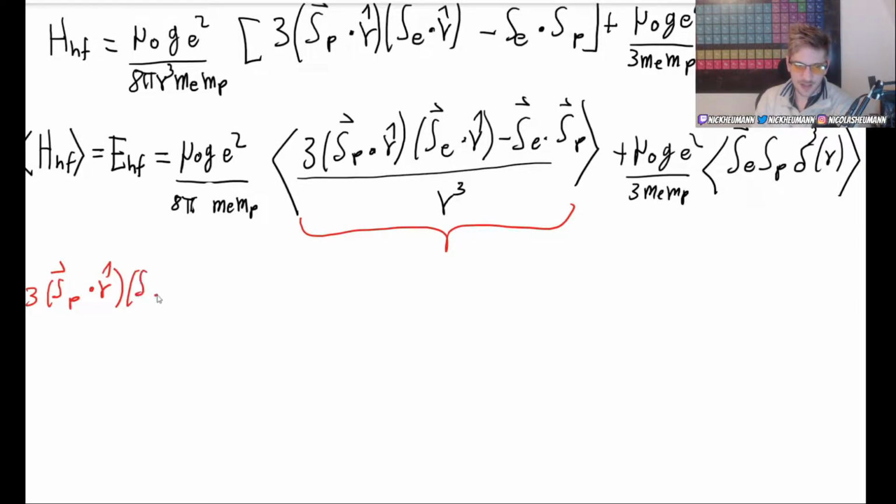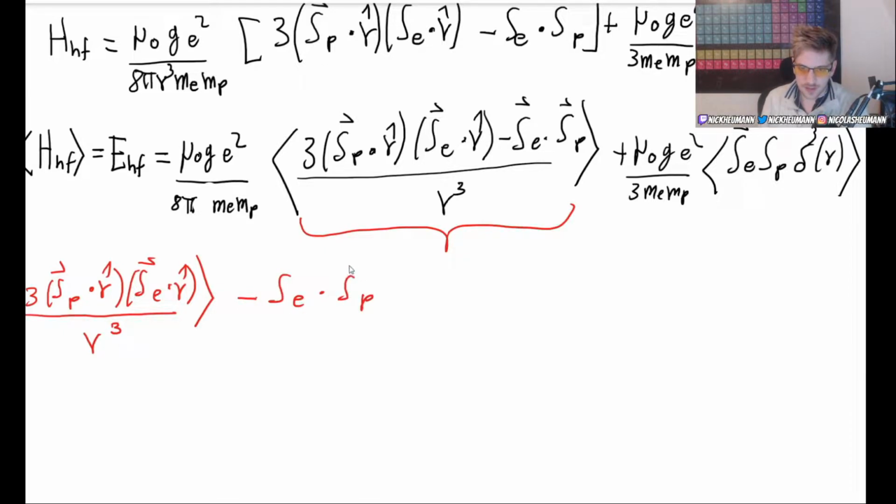This entire thing we can write as the sum of these expectation values, r³ minus S_e · S_p. That is the same as what we have up here. It's the same thing. And we can even just take this 3 outside, of course, if we want. And maybe we should even do it.